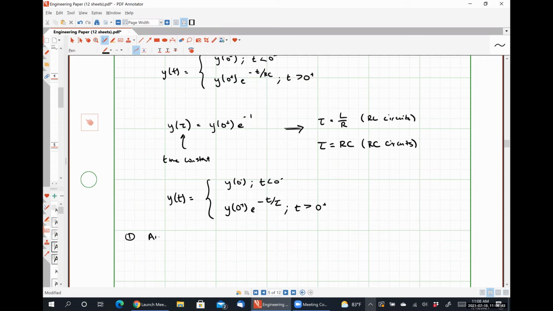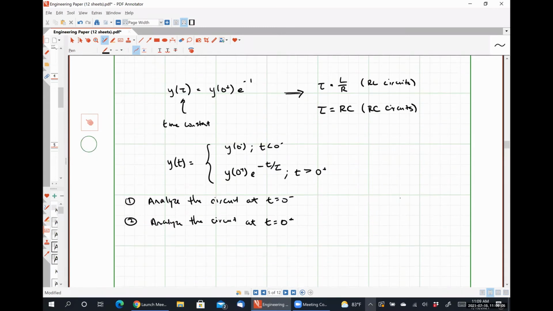1, analyze the circuit at t is equal to 0 minus. 2, analyze the circuit at t is equal to 0 plus. 3, calculate the time constant tau.